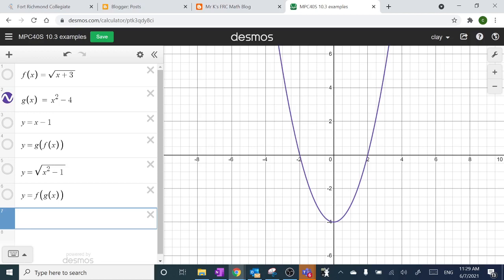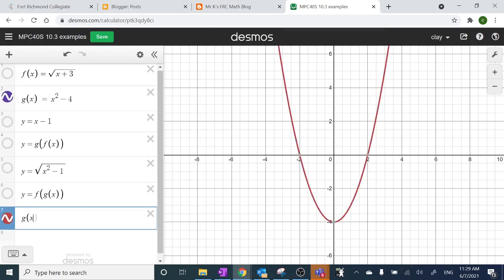Oh, whoops, wrong keyboard. g of x equals 1. There we go, right there, that point there. So what is this point? This point is 1 and negative 2.236. Whatever, you get the idea. So that point there and that point there are invariant points, right? Because the square root of 1 and negative 1 are the same thing.